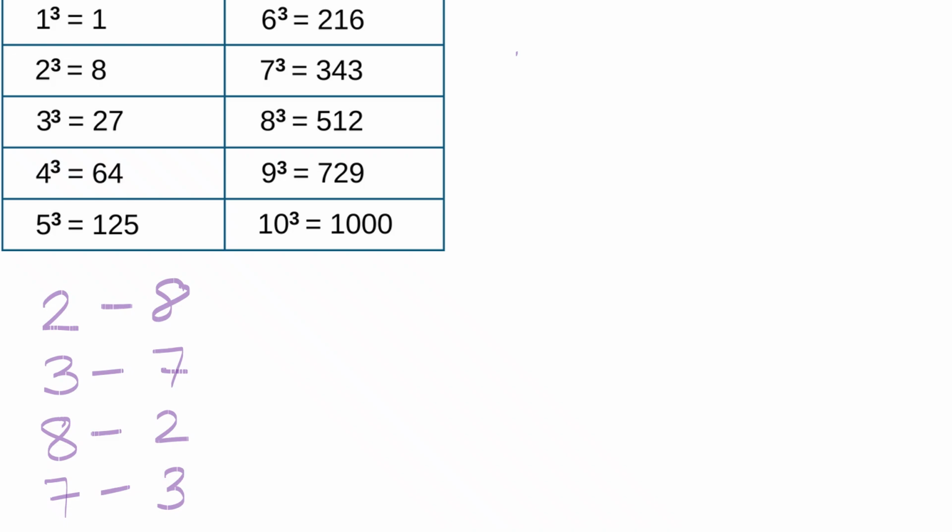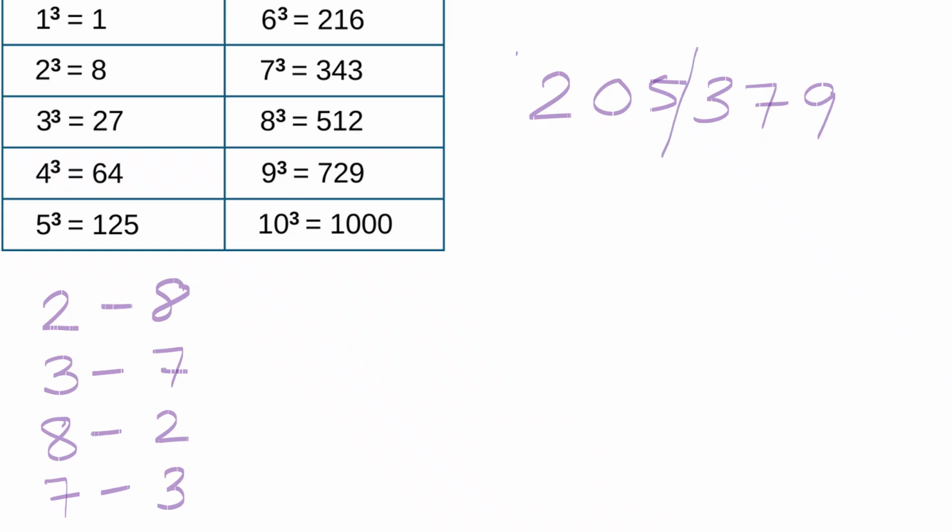Let's see, I'm having 205379. The first step is you have to put a slash before the last 3 digits. The last 3 digits are 3, 7, 9. I'll put a slash.